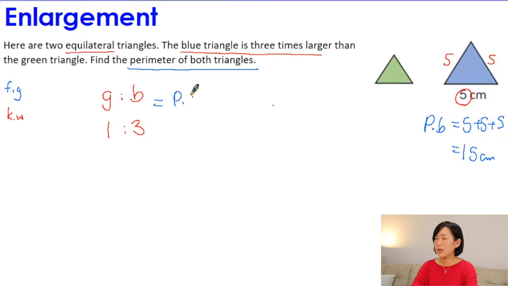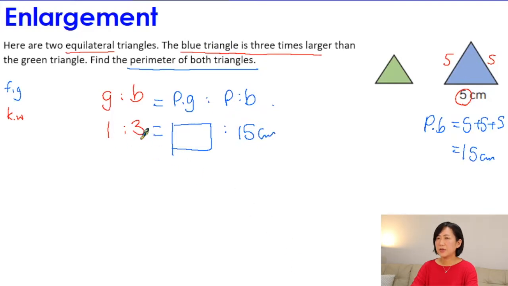Since we've got a ratio of green triangle to blue triangle, and we also have a missing part. So let's write these down. These are equivalent ratios. The missing part is the perimeter of the green triangle. Then the perimeter of the blue triangle, we know that is 15. So missing value to 15.